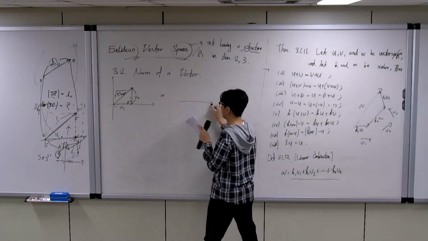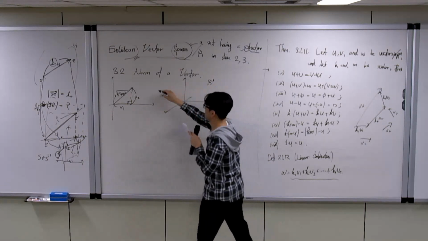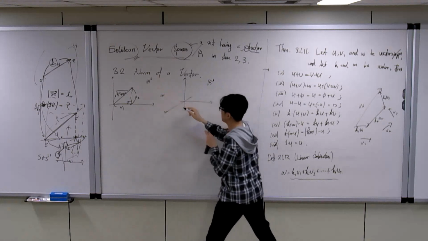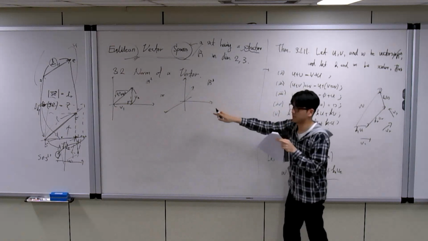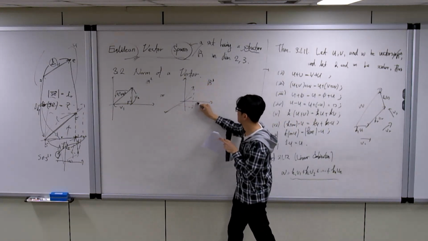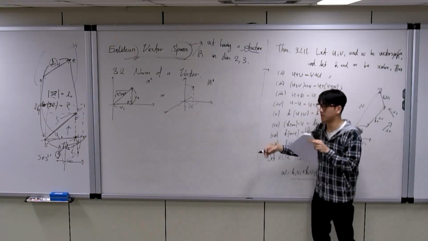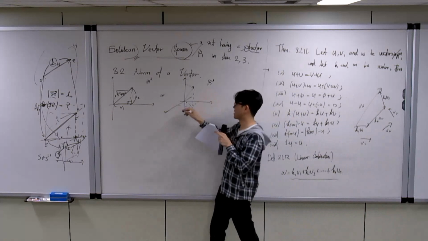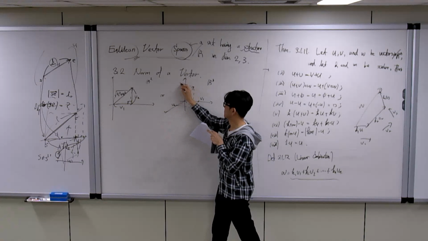In higher dimensions, like three-dimensional space, it makes sense to get the length of the vector by dividing it into three components, v1, v2, v3.